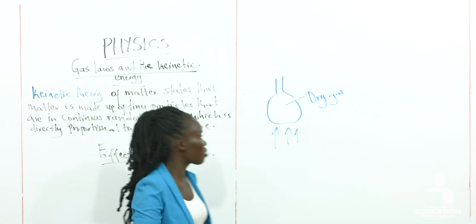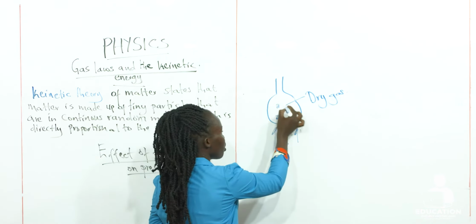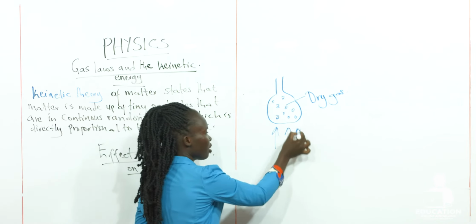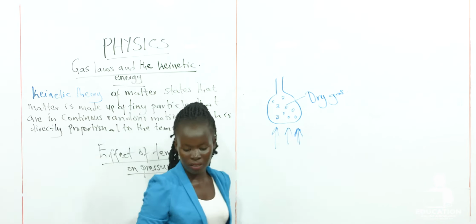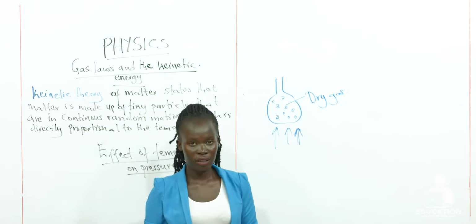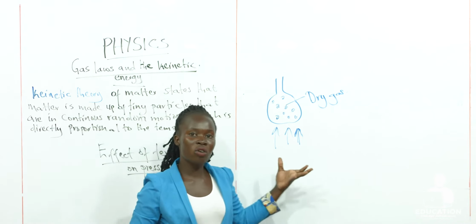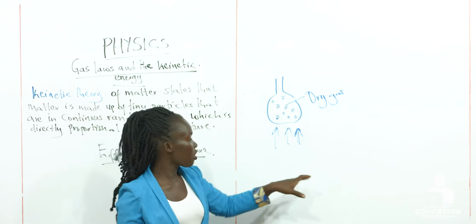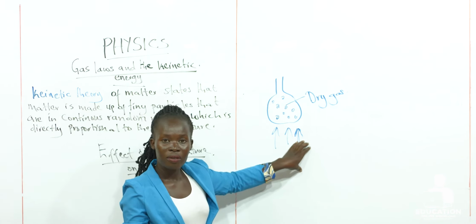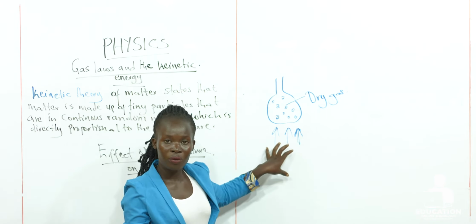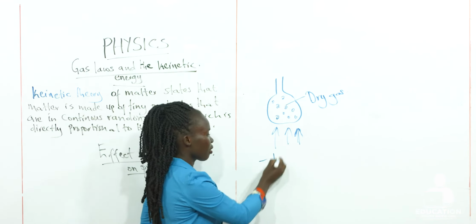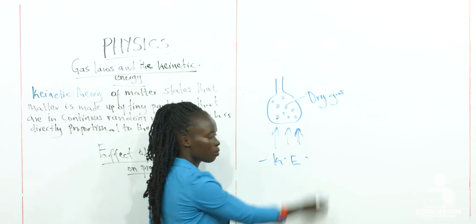So what happens if we have the gas molecules in the flask and we are increasing the temperature of this gas? As we've been saying continuously, increasing the temperature of any molecule is going to increase the kinetic energy.